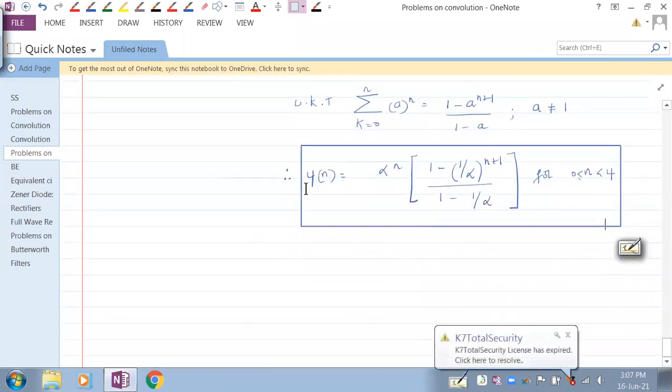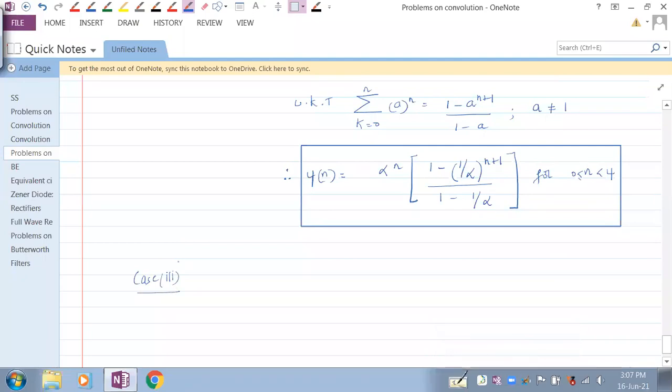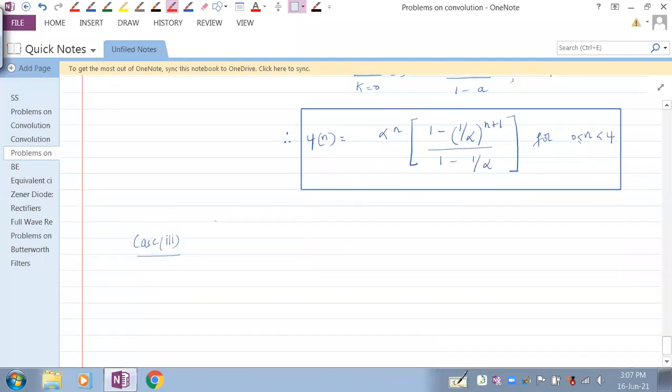Case 3, everybody. Case 3. Before writing what it is, let's sketch. It would be an interesting sketch. See here? You have this signal, which is this, and it goes from 0 to 4.